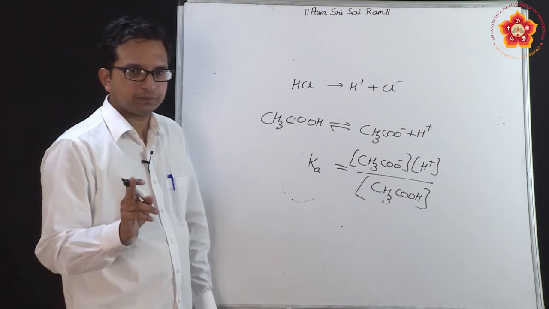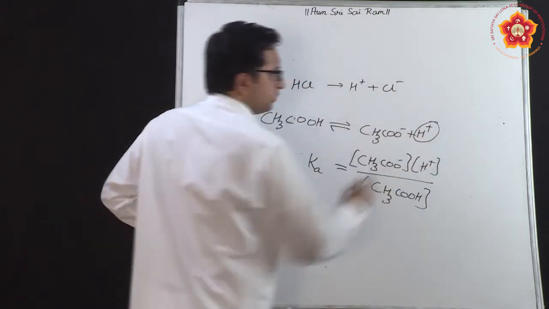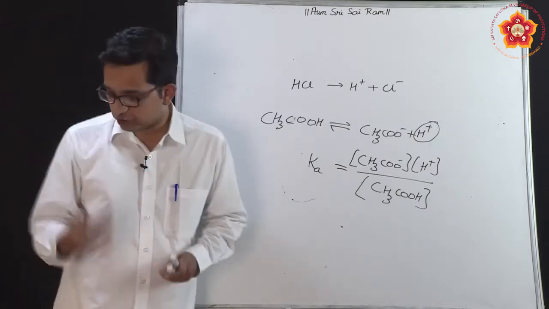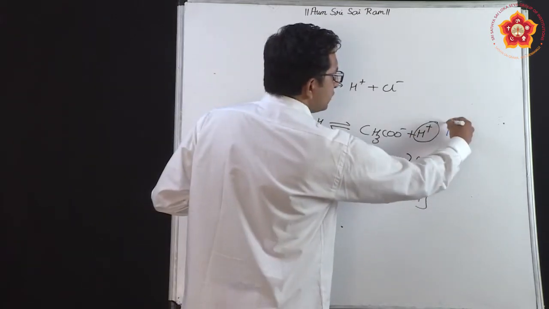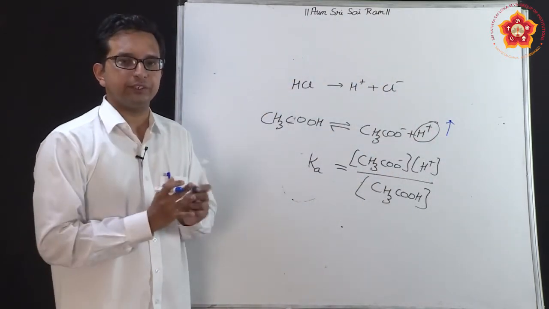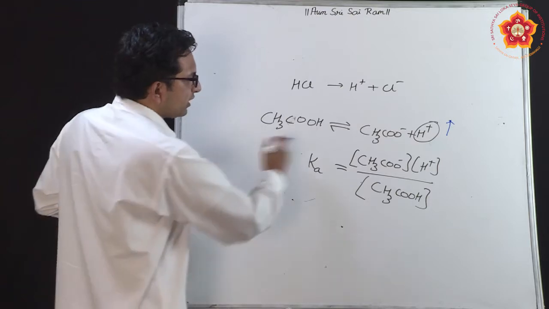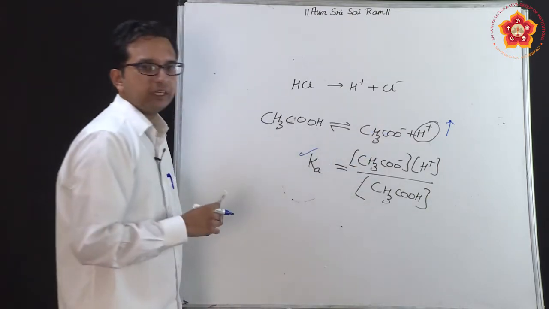Now, as the number of H plus ions increases, it indicates that the acidity of the compound is also increasing. H plus indicates the strength of acid. So, if more H plus is formed, the Ka value will also increase.